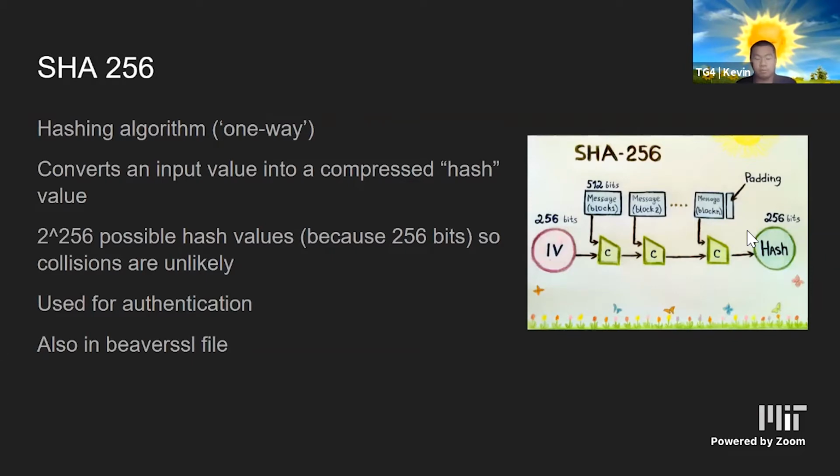The reason we're doing this is because this allows us to authenticate or check whether or not the thing that's been hashed has been changed. This is a good way to do this because an interesting property of SHA-256 is that if you change just a little bit on the input value, it has a huge effect on the hash value. And this was also in the Beaver SSL file, so it was quite convenient to use.